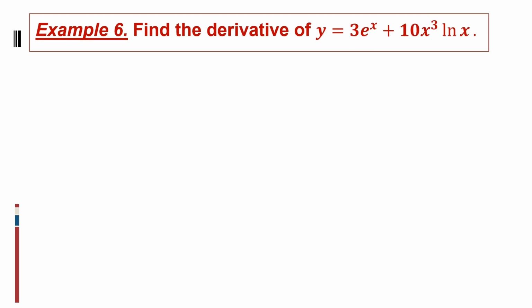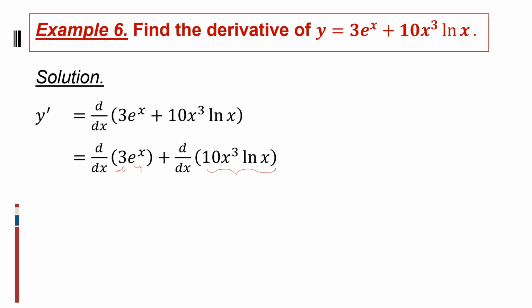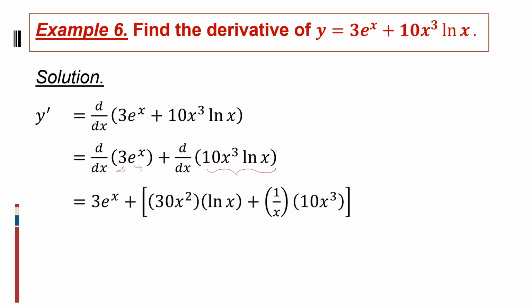And finally, find the derivative of y equals 3 times e raised to x plus 10 times x cubed ln x. So again, pwede natin gamitin yung sum rule. So we have the derivative of 3 times e raised to x plus the derivative of 10 times x cubed ln x. Eto, ano lang to? Ilalabas lang yung 3 tas kunin yung derivative nito. Pero dito sa part naman na to, meron tayong product rule ang gagamitin.